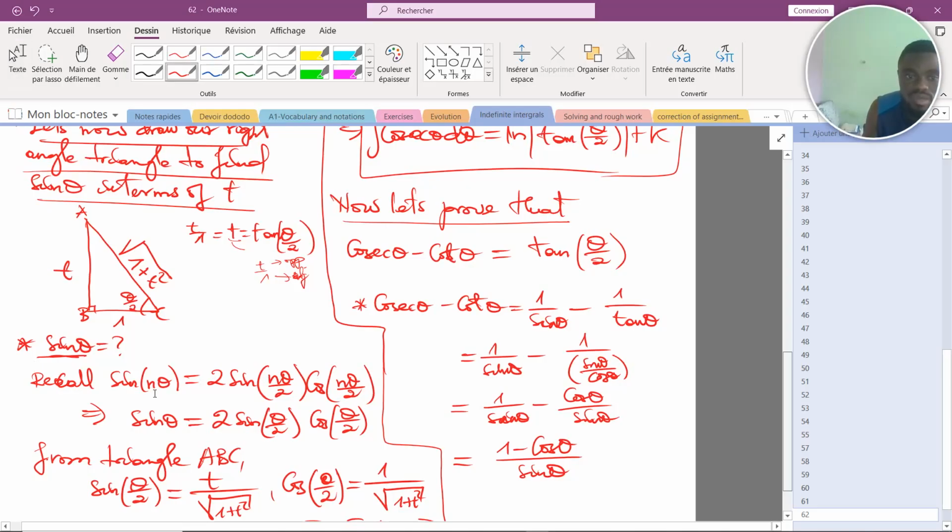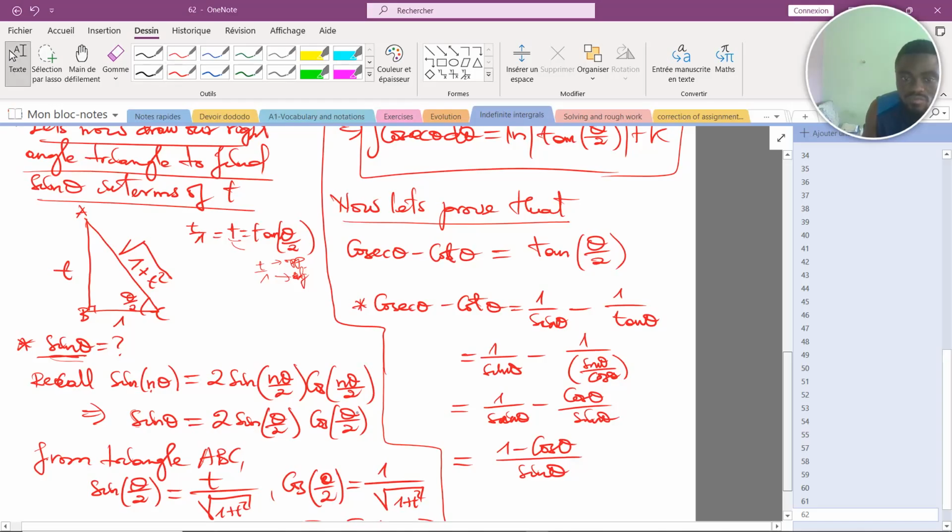Is that okay? Now, when I substitute 1 here, it becomes sine theta. Is that okay? So this implies my sine theta will be equal to what? Where I see n, I substitute what? 1. Is that okay? Because we are finding sine theta. In front of theta here, it is 1. So my sine theta will be equal to 2 sine. When I replace 1 here, I have theta on 2 cos what?